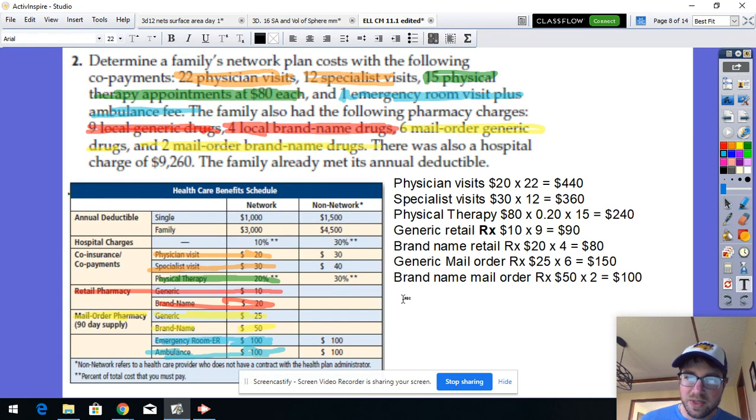So those are going to be 2 separate things. So let's just call that ER for emergency room. That's $100. And there was only 1 visit, so I'm not going to do multiplication by 1. That seems silly. But if there were multiple ER visits, you would do $100 times however many visits they made. So $100 for each of those things.